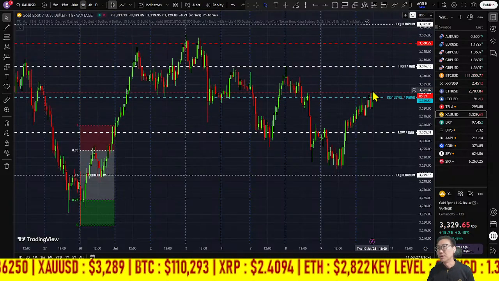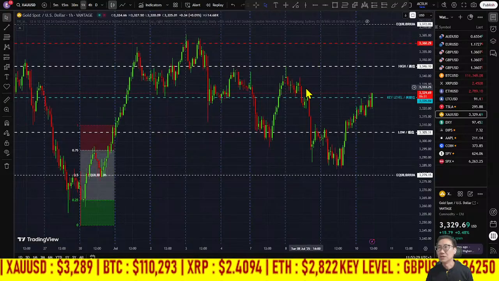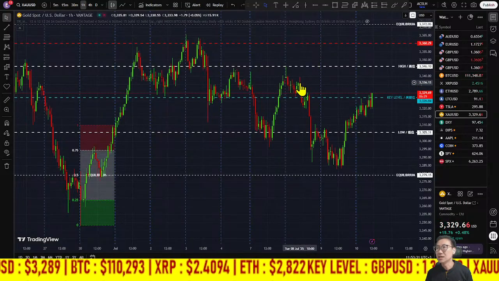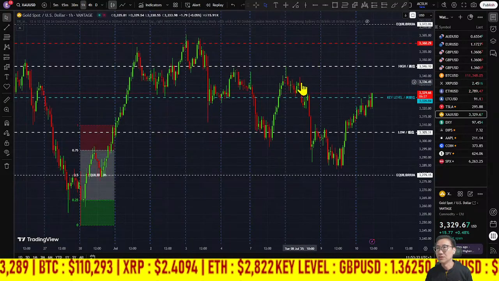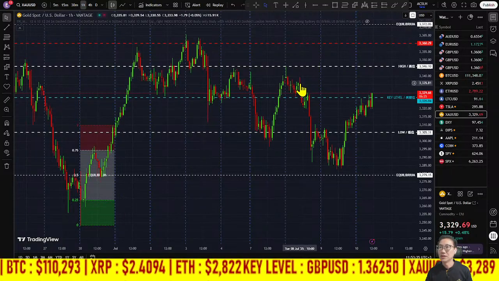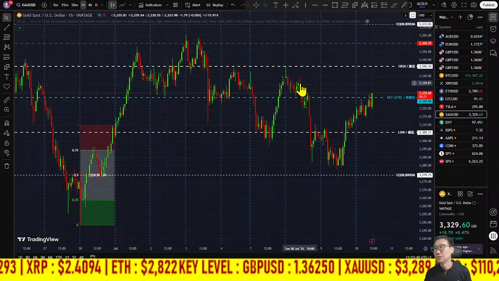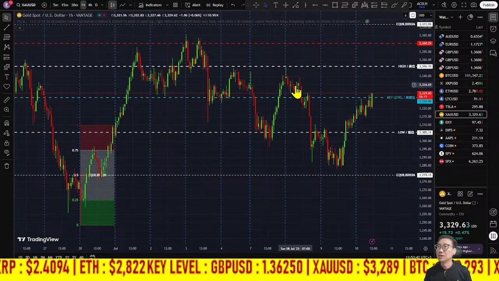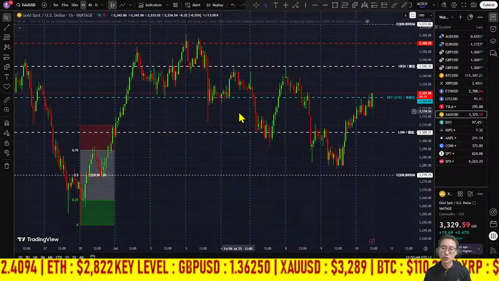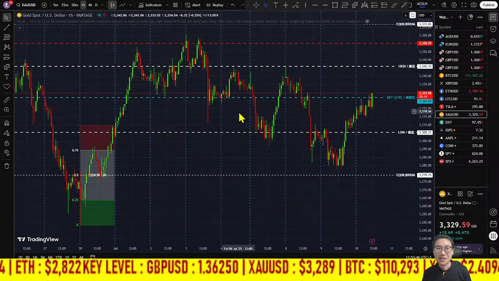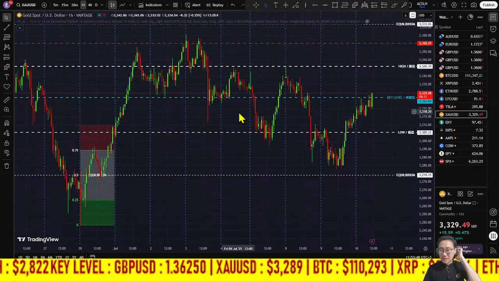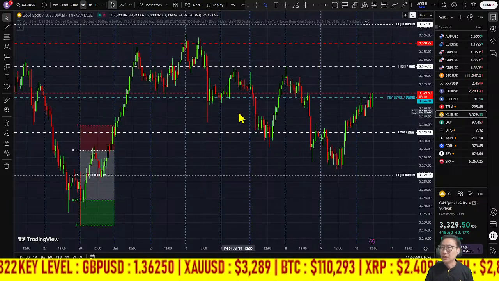If this is going to hold above, then the next one will be the 33.36 area, this area here, which I will be focusing on the 8th of July 10 o'clock candle. Then next to go will be 33.46.